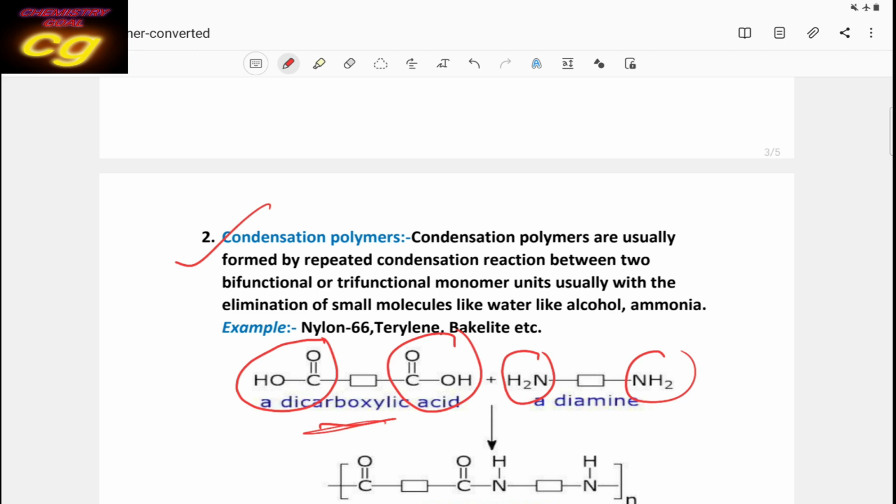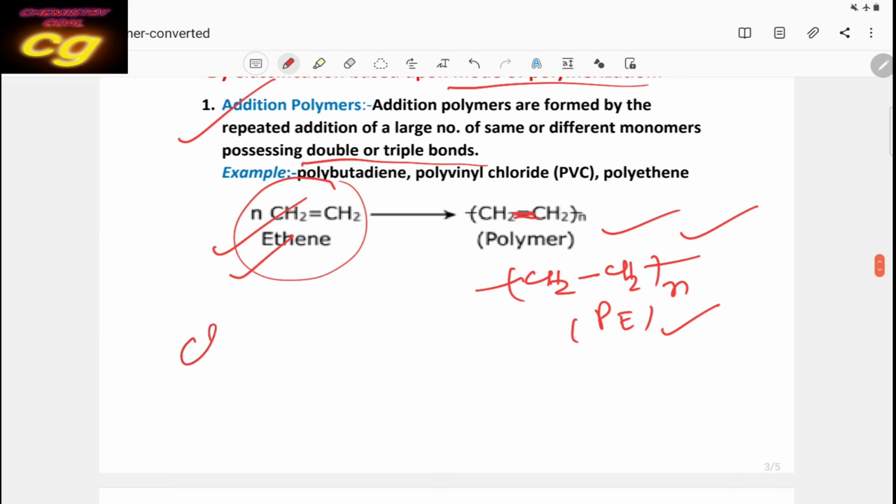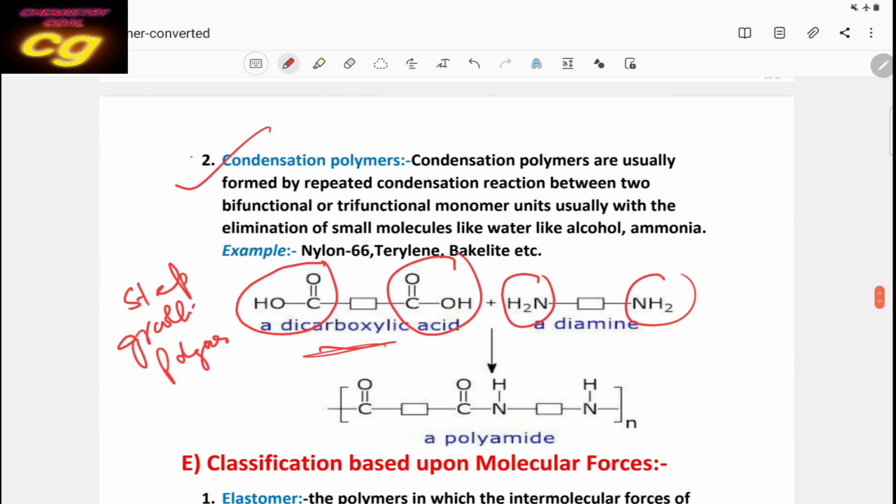And condensation polymer is also called step growth polymer. But addition polymer is called chain growth polymer. So you have to remember, addition polymer is called chain growth polymer and condensation polymer is called step growth polymer.